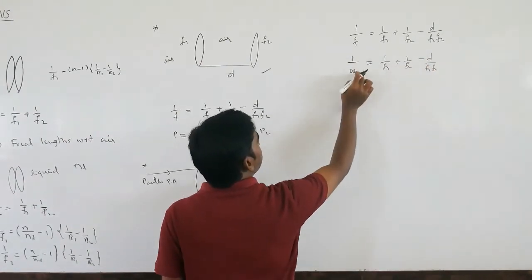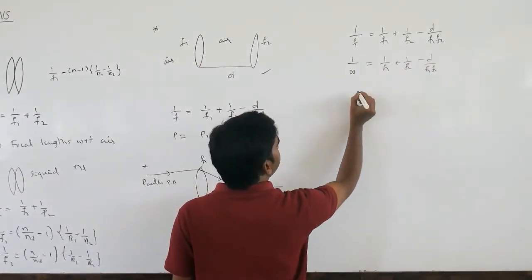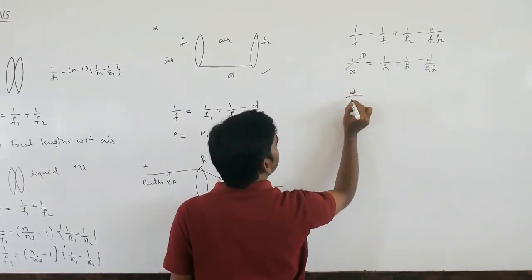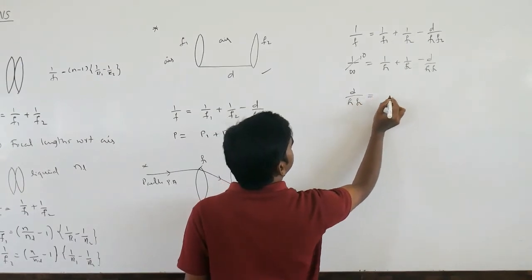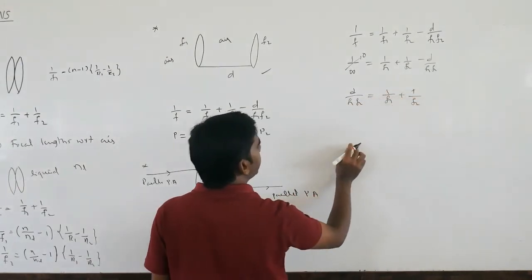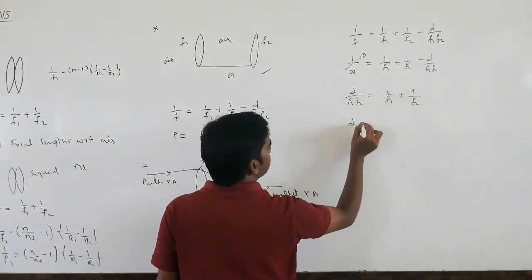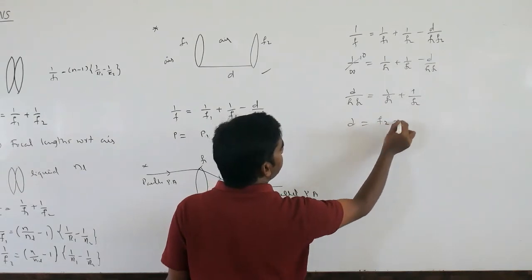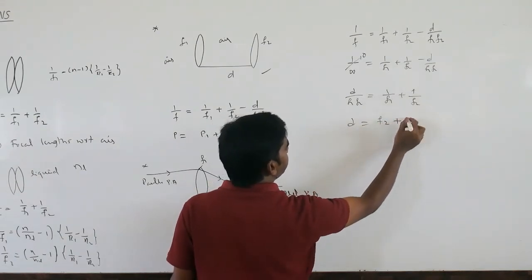So 1 by infinity is 0. If this becomes 0, take this to the other side. So d divided by f1 f2 equals 1 by f1 plus 1 by f2. Take f1 f2 to this side. So d equals f1 f2 divided by f1, meaning f2 remains, plus f1 f2 by f2, meaning f1 remains.